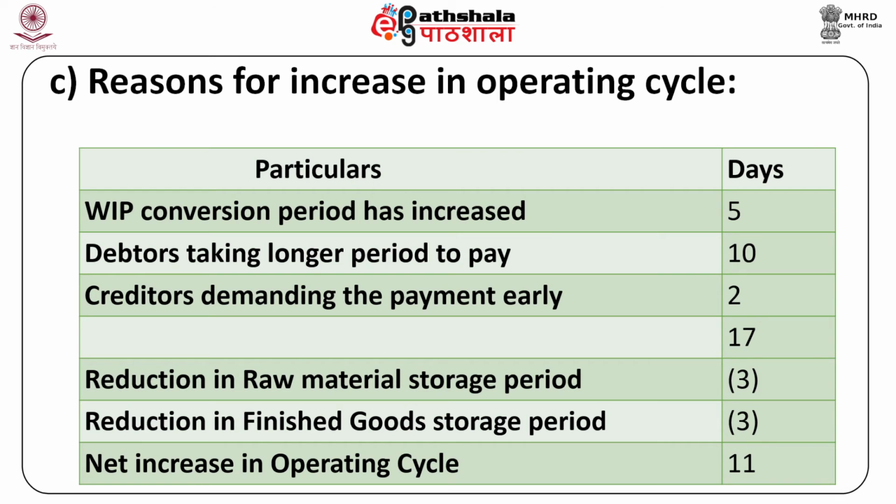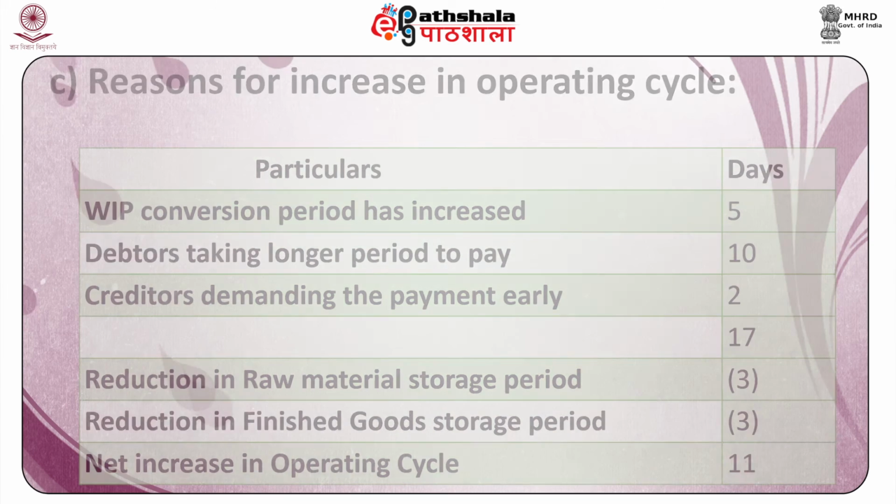The reasons are: work in progress conversion period has increased by 5 days, debtors taking a longer period to pay, which is 10 days, creditors demanding the payments early, which is 2 days, reduction in raw material storage period, which is 17, reduction in finished goods storage period, which is 3, and finally the net increase in operating cycle is 11 days. It is important to note that there exists an inverse relationship between the length and the number of operating cycles.